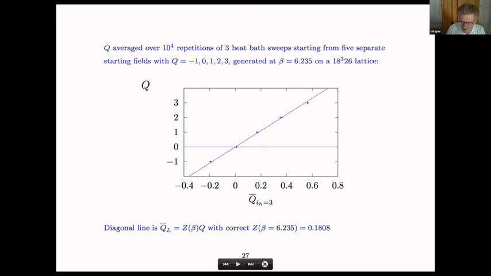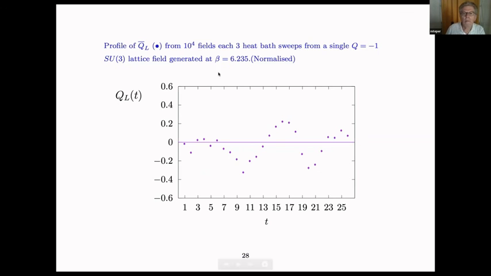So now we look at the topological charge density, for example, for the Q equals 1 minus 1 field. I take that one field, and I take an ensemble of 10 to the 4, 10,000 fields, which are 3 heat bath sweeps away from this field. And I plot the profile, like my instanton profile much earlier in this talk, where I sum up over the other coordinates and plot the total topological charge at each Euclidean time.